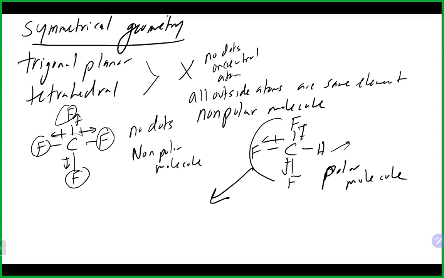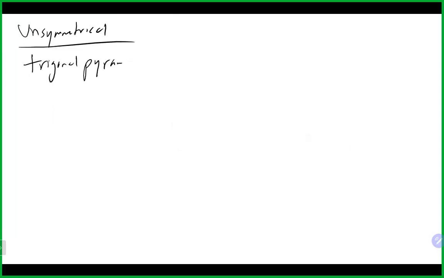That leaves us some unsymmetrical geometries. And unsymmetrical geometries would be trigonal pyramid, bent or V-shaped, and angular, I think, is what you guys got.